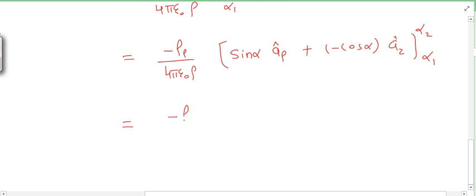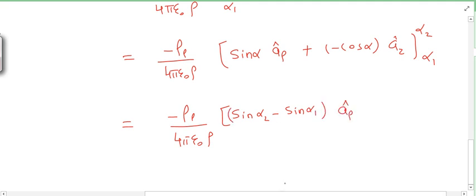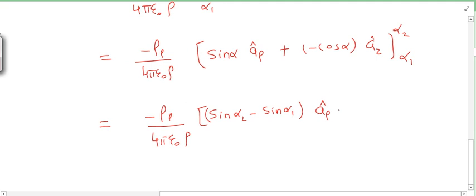what it becomes? Rho L divided by 4 pi epsilon naught rho, and here it will be sine alpha 2 minus sine alpha 1, a rho cap plus.